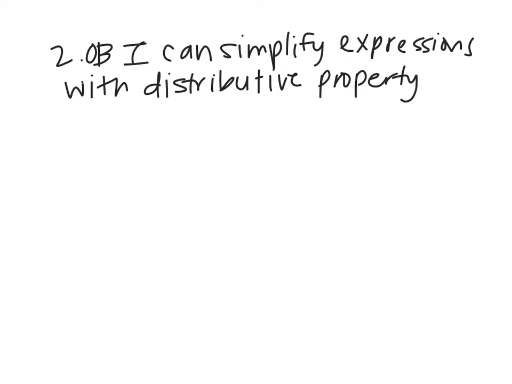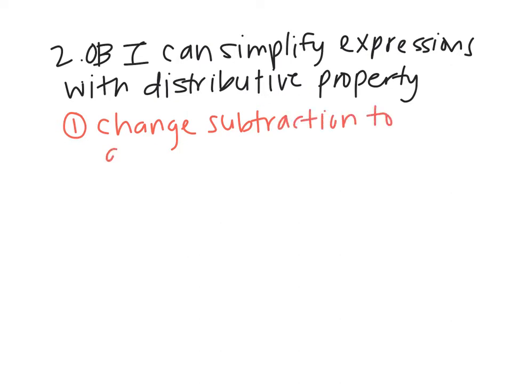So first, let's write down the steps. The first step is always going to be to change subtraction to adding a negative. The second step would be to distribute.